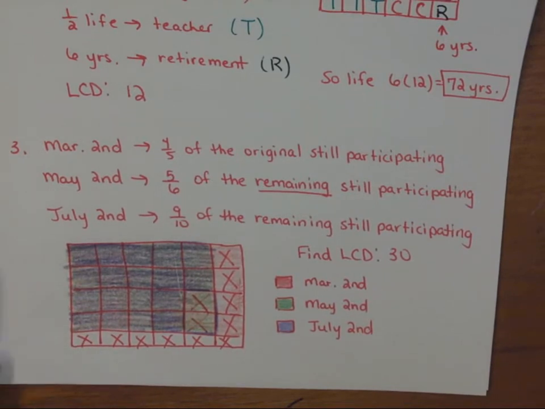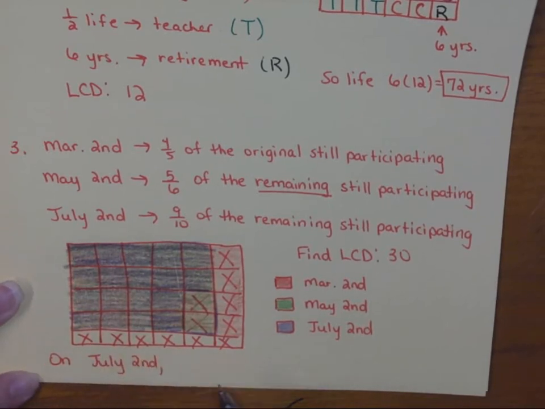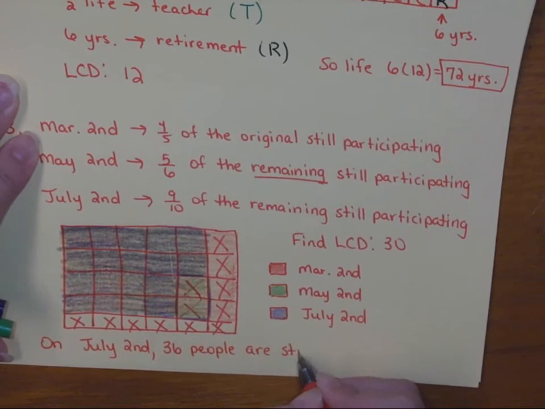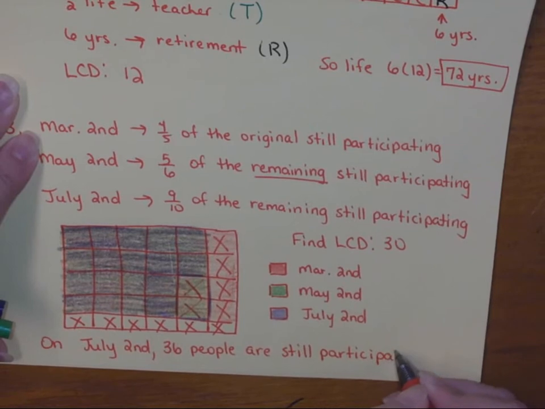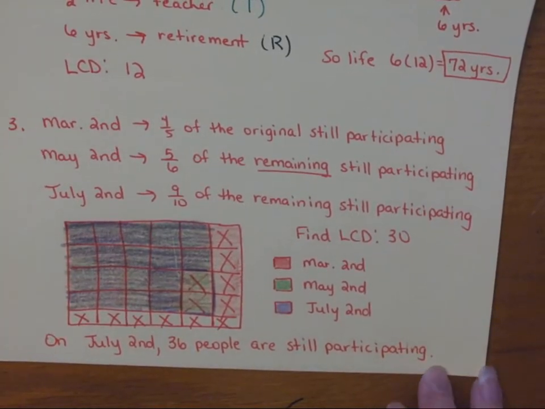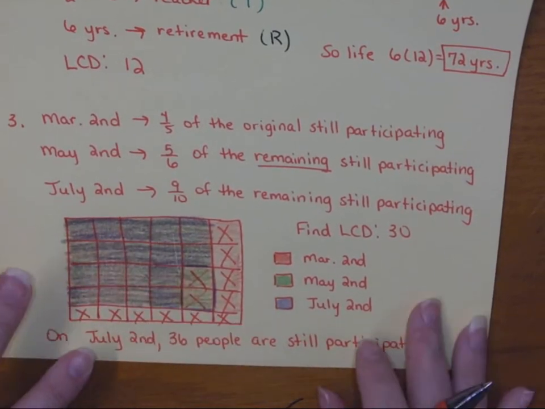Okay, so I guess I need to finish out the problem. I didn't tell you all the information, or we didn't write it down. But notice what it says at the end. On July 2nd, it says that 36 are still participating. So we have the people that are still participating, right? It's all the boxes that we have not X'd out yet. So notice we have 18 boxes, right?